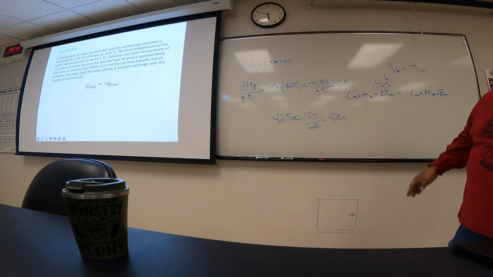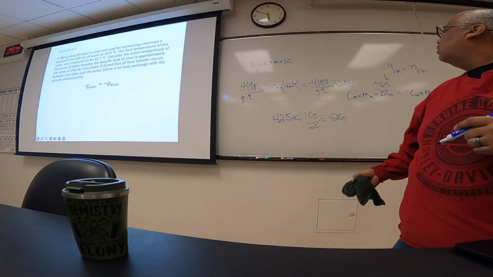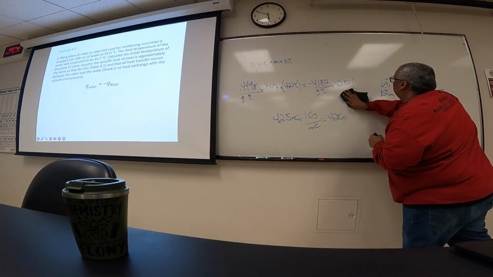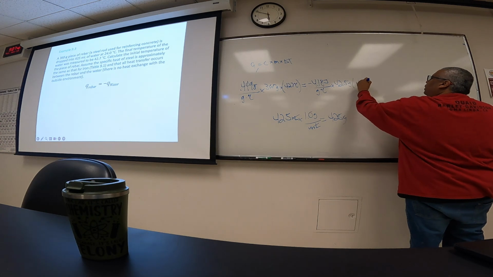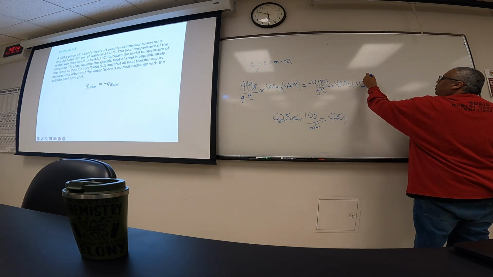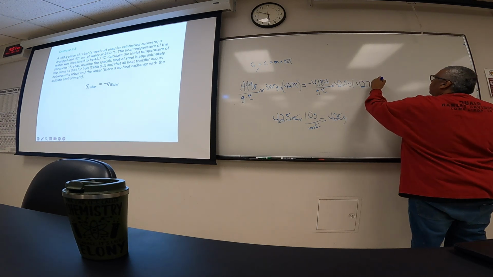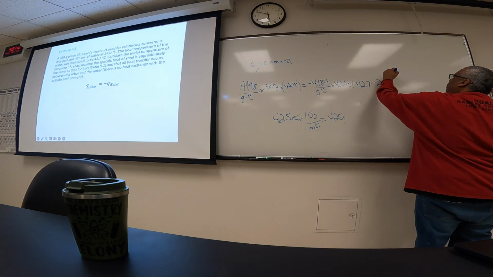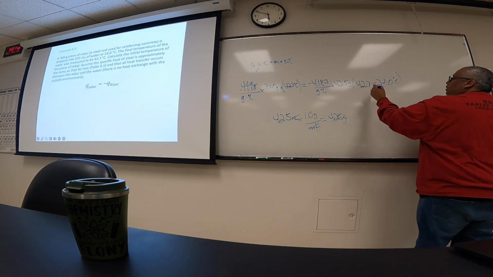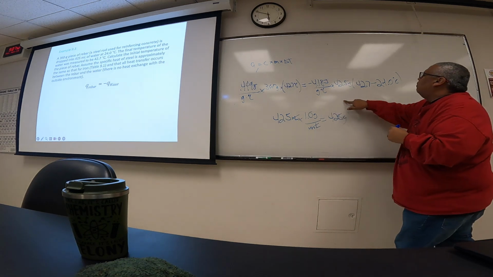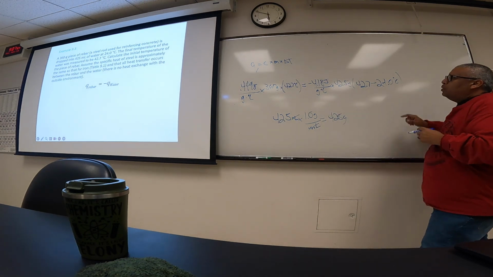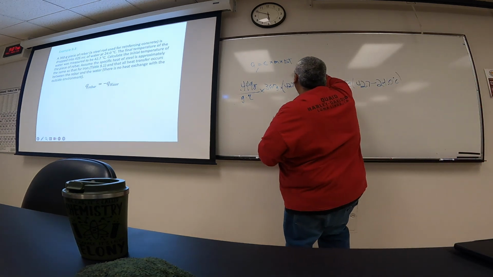So I'm going to erase this right here because we do need to use the board. So our final is 42.7 minus 24.0 degrees Celsius. All right, so let's solve this first. What is the answer over here?